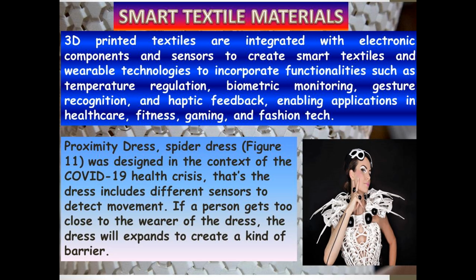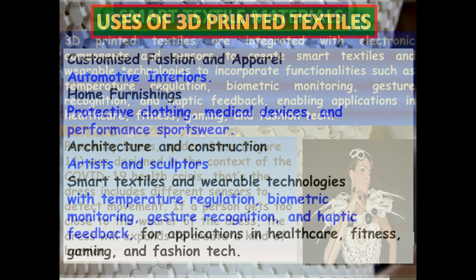Proximity dress or spider dress shown in figure was designed in the context of the COVID-19 health crisis. That is, the dress includes different sensors to detect movement. If a person gets too close to the wearer of the dress, the dress will expand to create a kind of barrier.